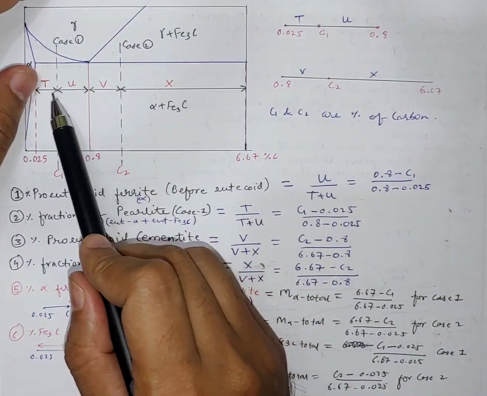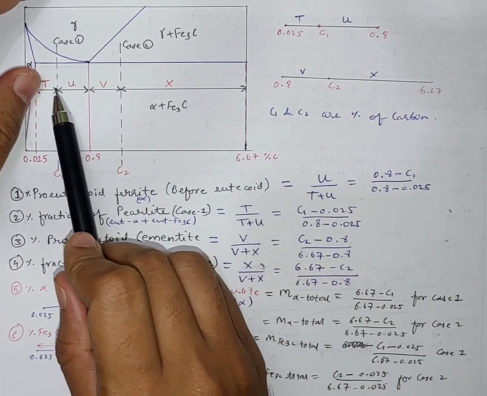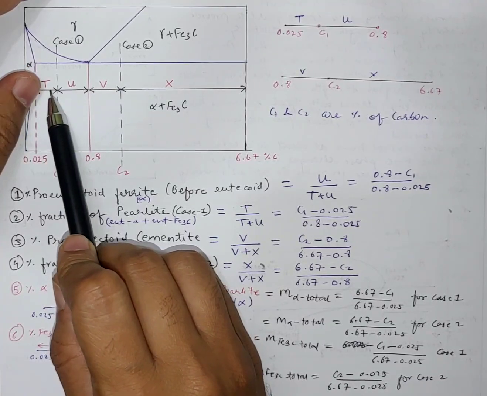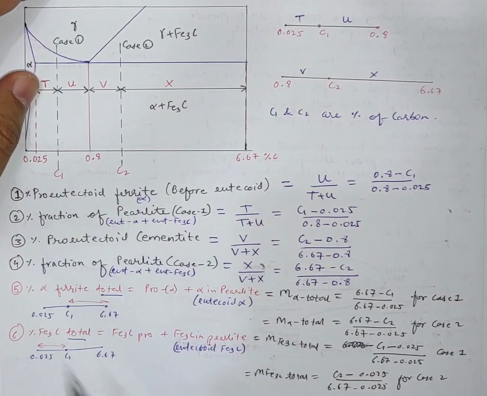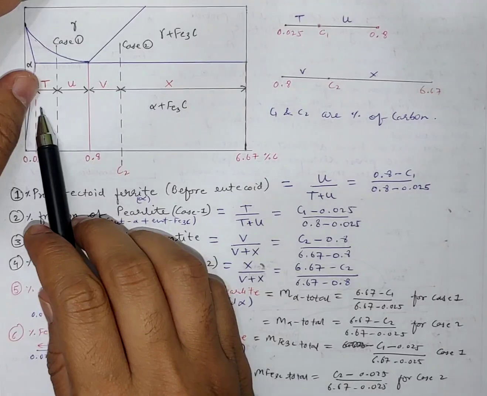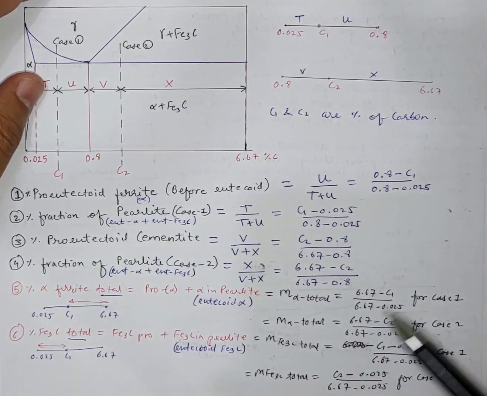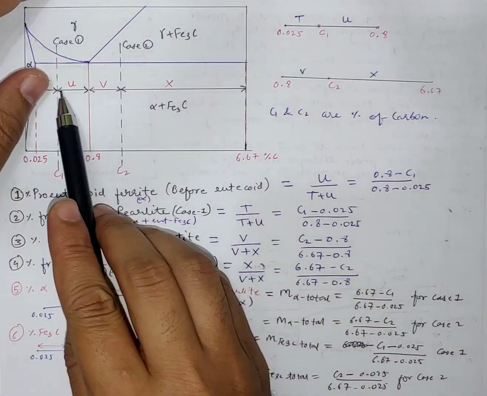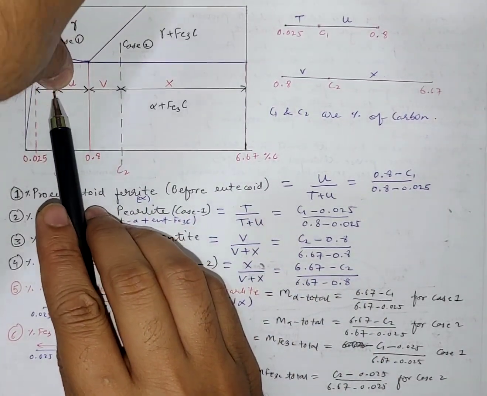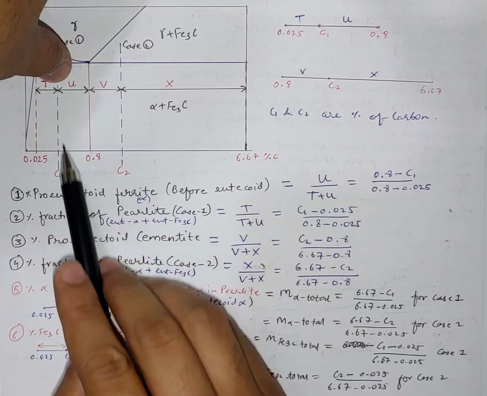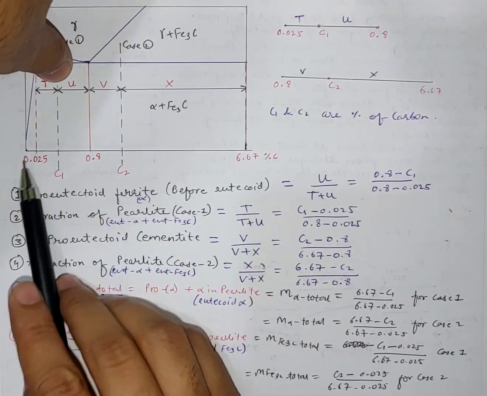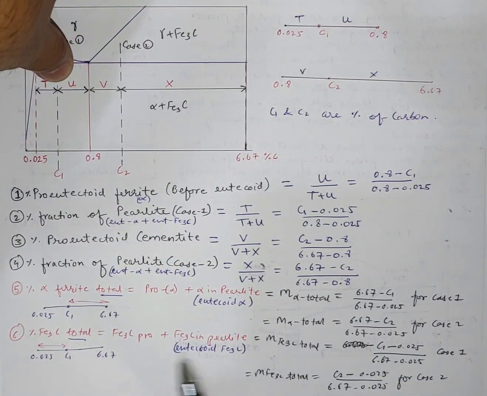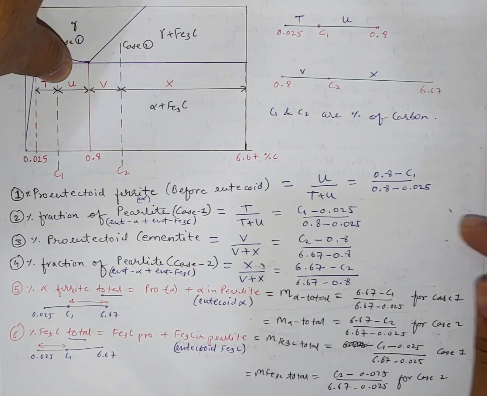If C1 is far away, we have to consider the shorter length because cementite will be less. So C1 minus 0.025 is exactly the opposite of alpha. 6.67 minus C1 will give you the alpha ferrite, and C1 minus 0.025 will give you the total cementite.